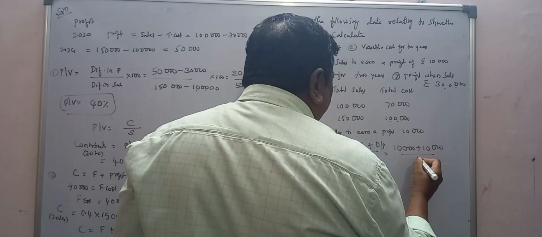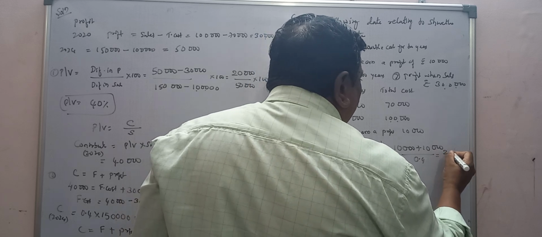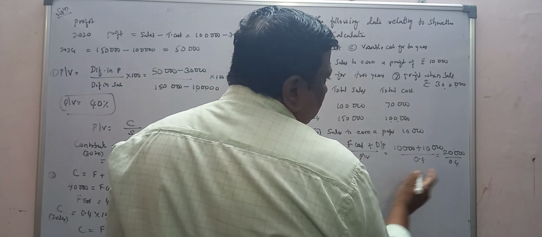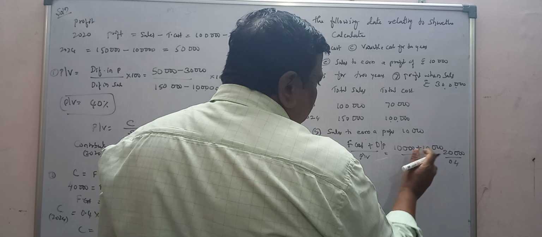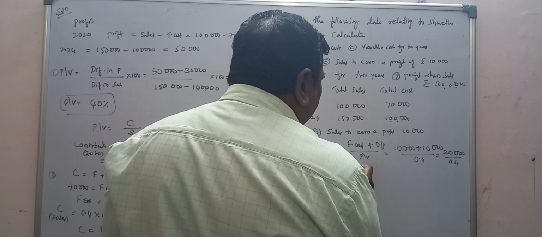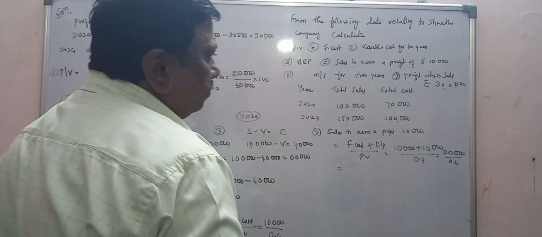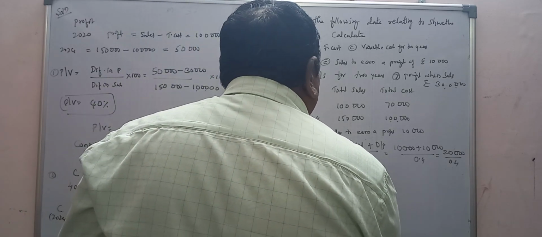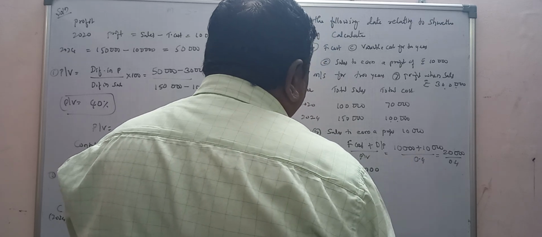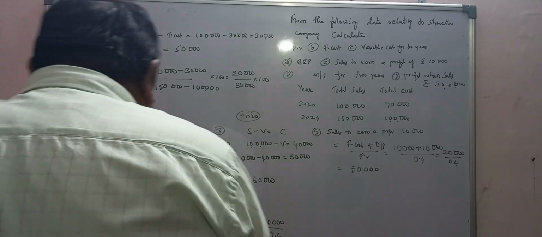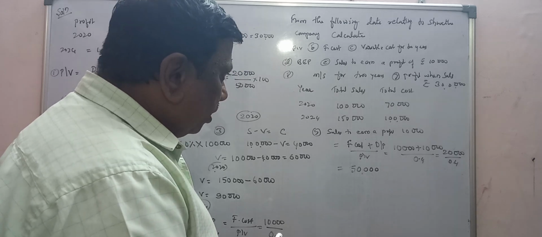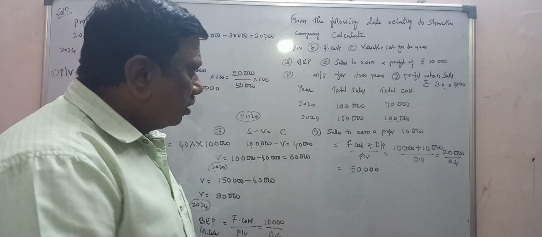We know PV is 0.4 or 40%, whatever you can write, that is the same thing. 20,000 divided by 0.4. Correct. So 50,000.